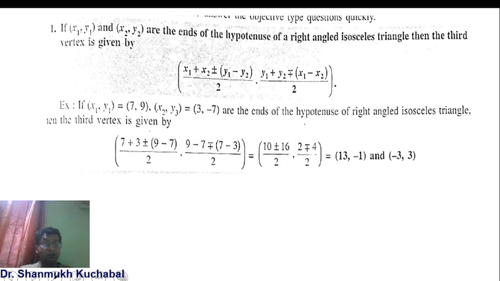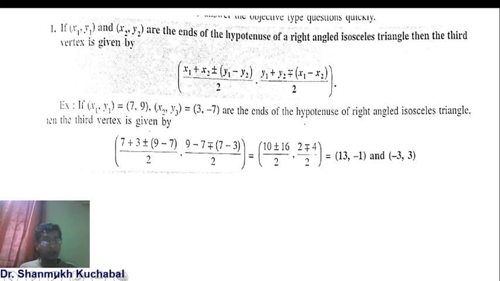Suppose that we have points x1 y1 and x2 y2 which are the end points of the hypotenuse of a right angled isosceles triangle. Then the third vertex is given by, see here, they have given us two coordinates, x1 y1 and x2 y2.